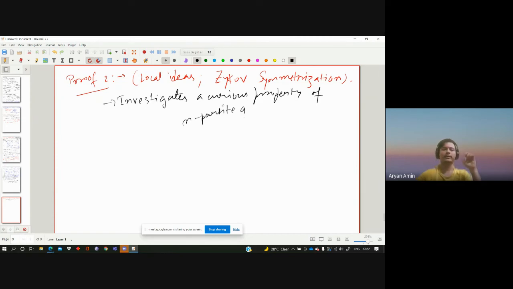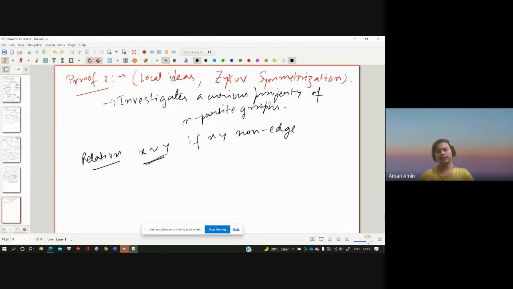And what is that? We'll define a relation as follows, which is simple. We'll write x sim y if x y is a non-edge.